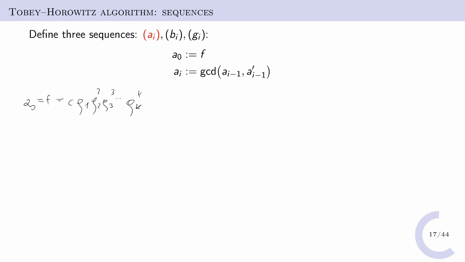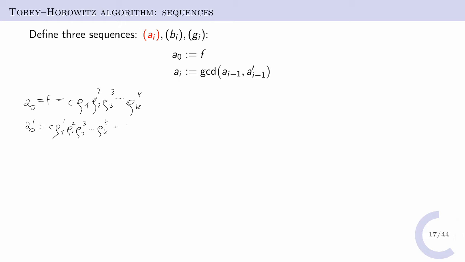So now what is the derivative of a0? A0 prime, this is a derivative of the product, so it's a sum where in each term we have a derivative of one of these terms of this product. So c is a constant, so we can just rewrite it. Then we have g1 prime times g2 square times g3 cube and so on, gk to the kth power, plus now we will have a derivative of g2.